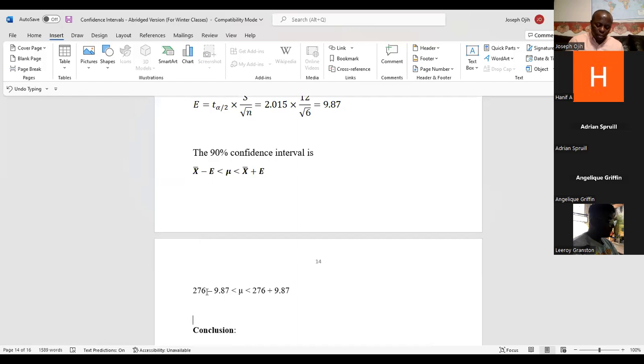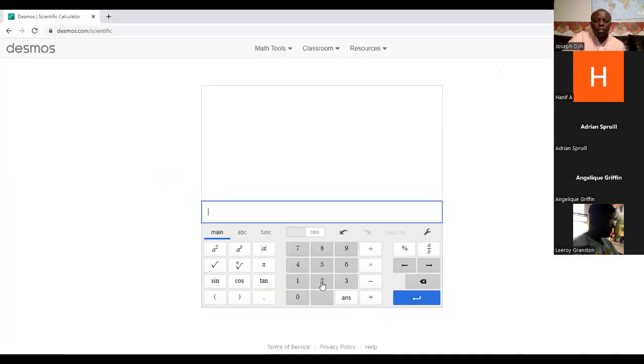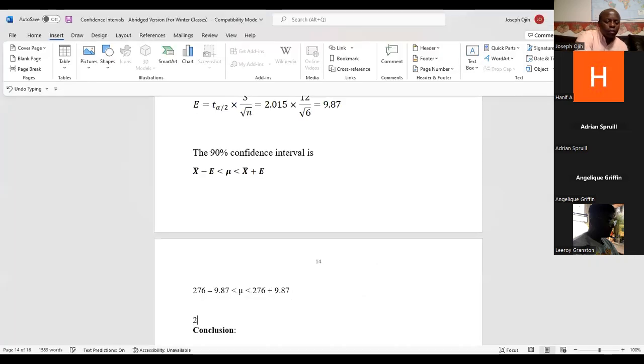You have 276 minus 9.87, which is 266.13. So 266.13 pounds is less than the mean, less than, on the right side, you add it. 276 plus 9.87.